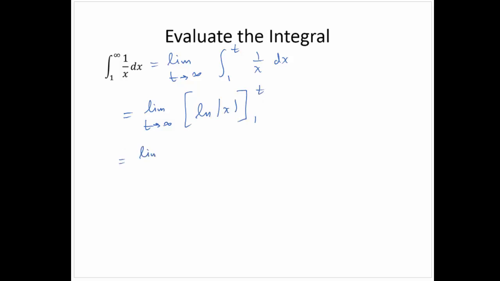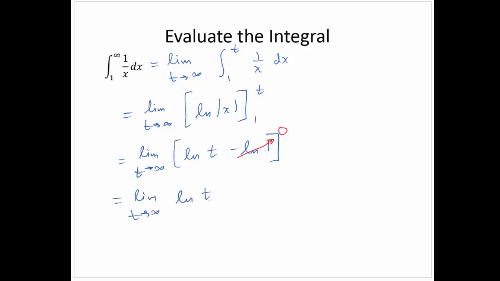which is the limit as t approaches infinity of the natural log of the absolute value of t, well, t is going to be positive, so it's just natural log t minus the natural log of 1. Now, the natural log of 1 is equal to 0. So we're just focusing now on the limit as t approaches infinity of the natural log of t.